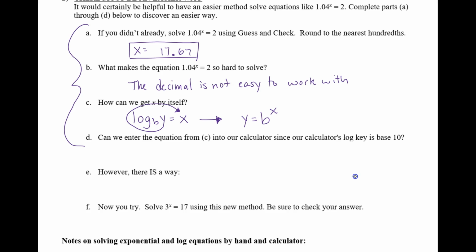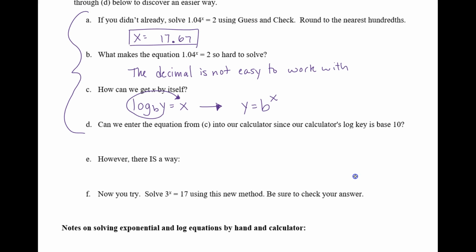Before we go on to solving different problems, let's take the problem we had: 1.04^x equals 2. How would I convert this into logarithmic form? What should I write down first?